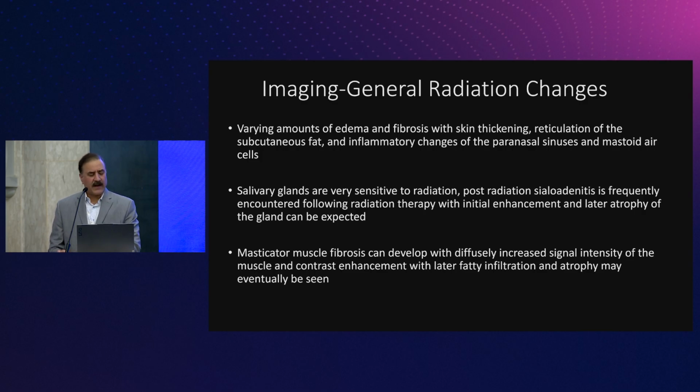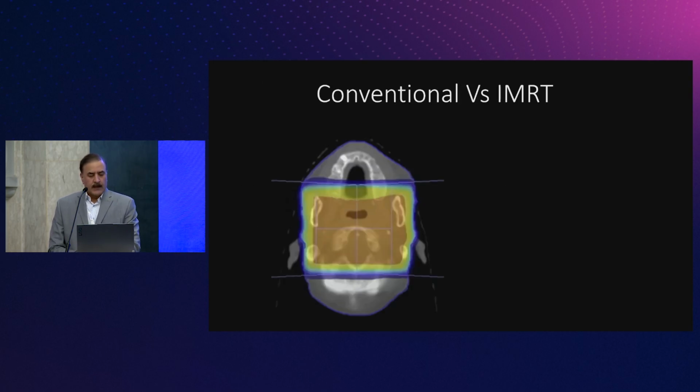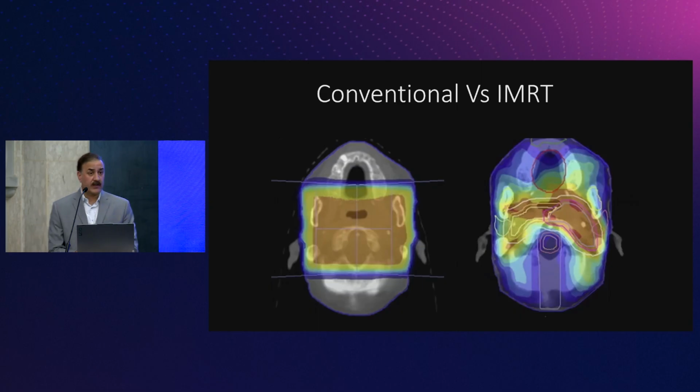You can also have muscular atrophy develop because of the radiation therapy. The two types of radiation given to these patients are conventional, but now, because of advances in radiation therapy, it is mostly intensity modulated radiation therapy that is given, specifically targeting the tumors.